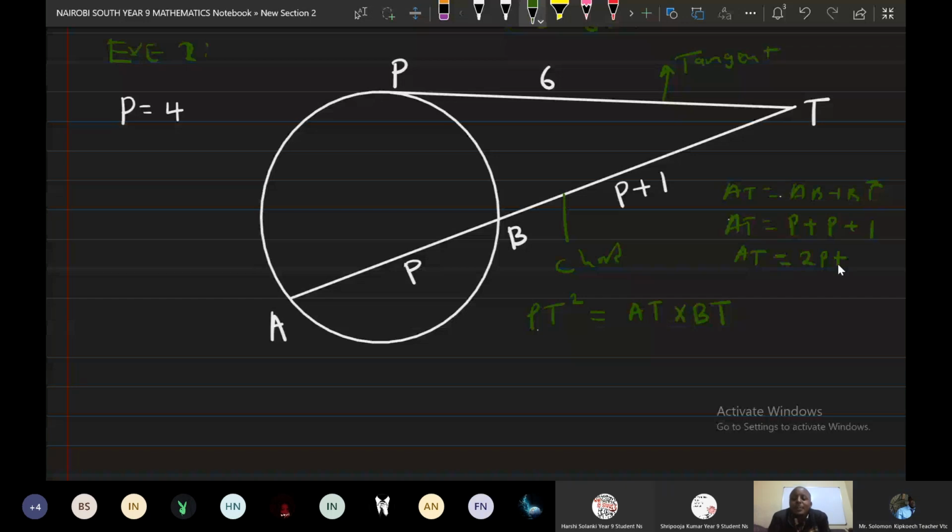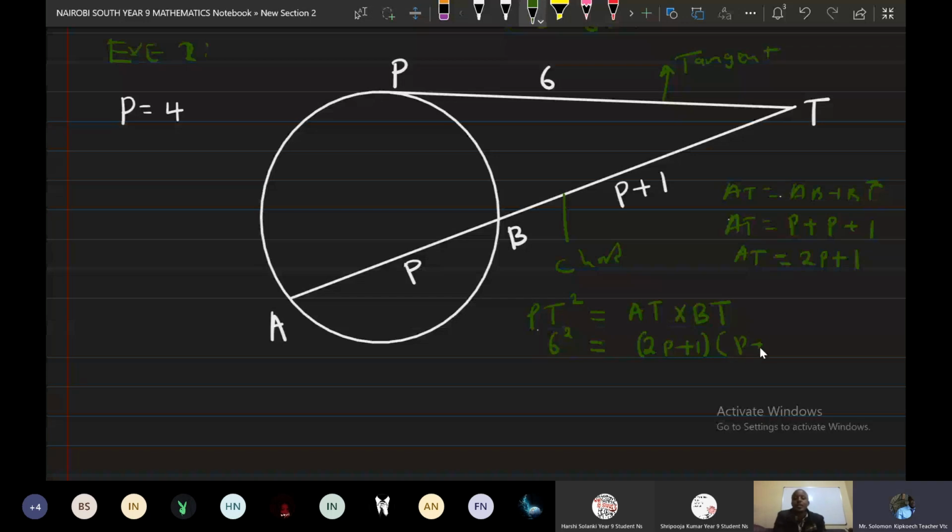Now, let us substitute everything, Mr. Solomon. PT is 6. So that will be 6 squared equals the whole chord we got, 2P plus 1, in brackets, times BT, which is P plus 1.